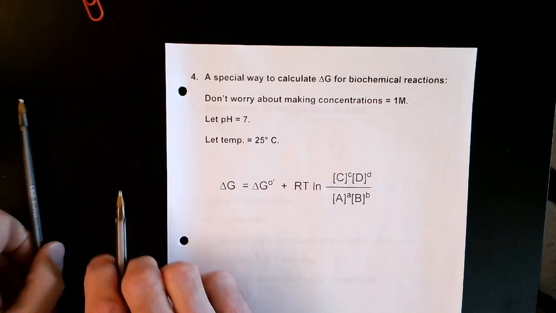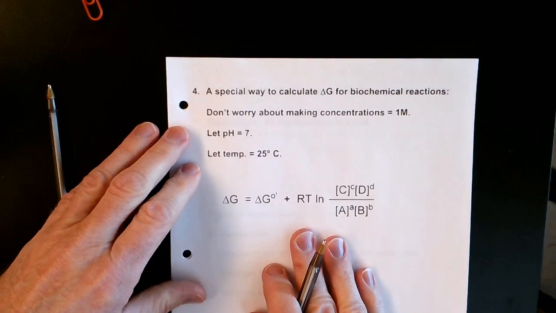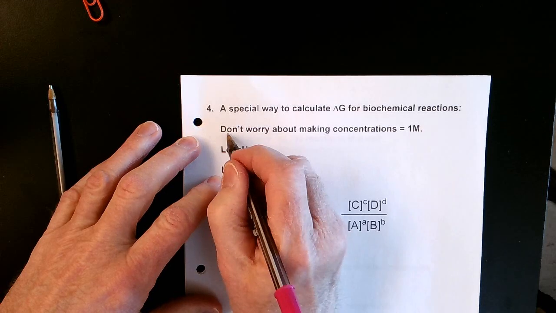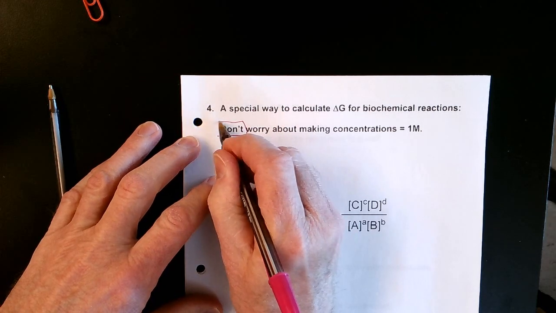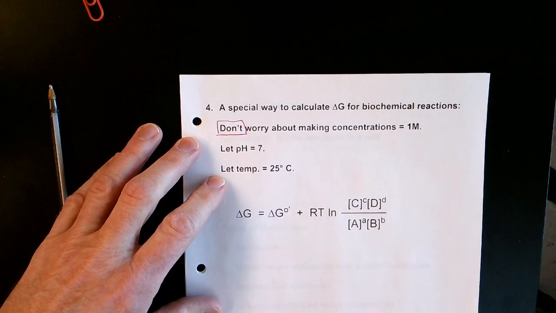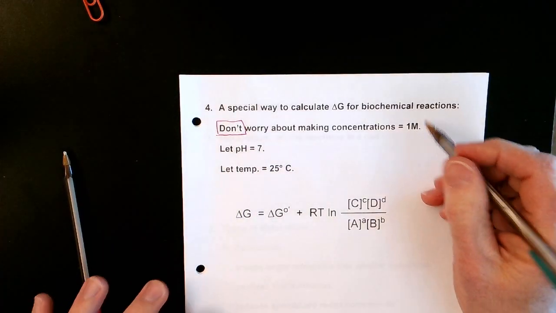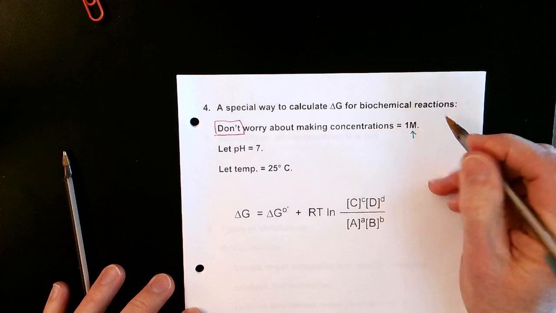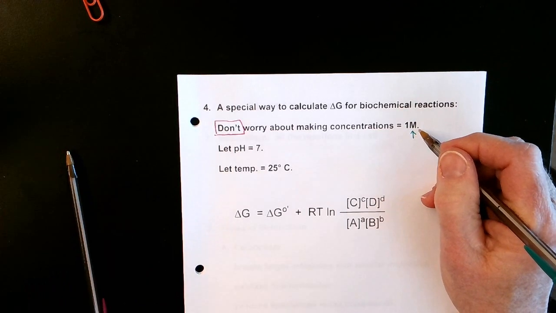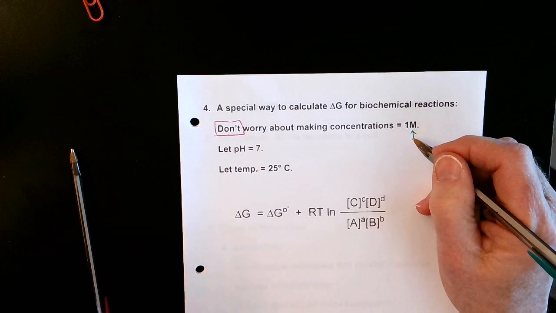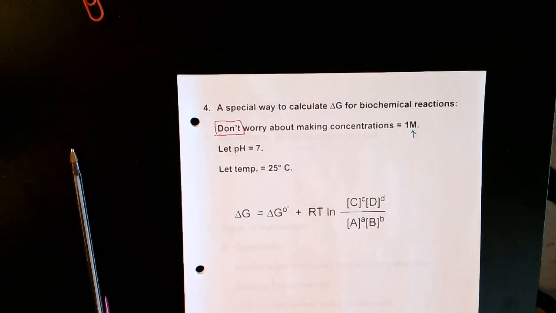And here's the big thing that's different from the delta G of your freshman chemistry, and it's this. You don't worry about making all concentrations equal to 1 molar. Think of what that would be. If you had a hydrogen ion concentration of 1 molar, what would the pH be? Do that somewhere else.